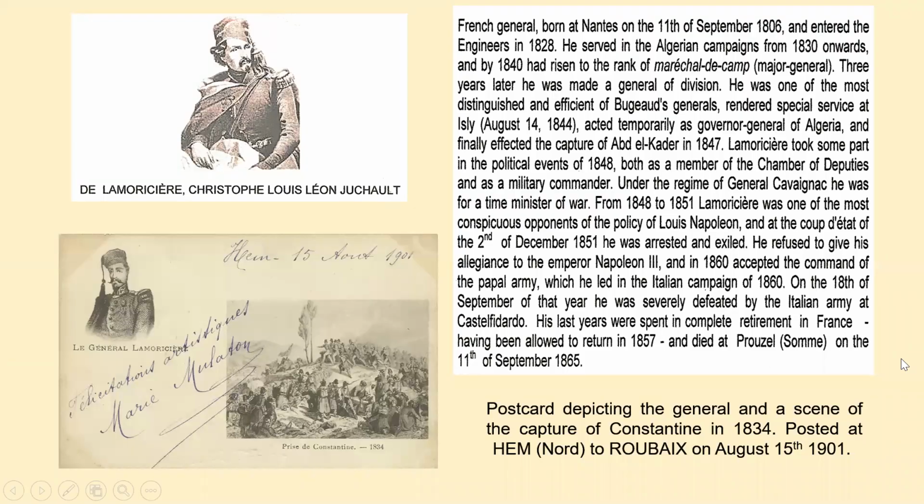Another consequence of this was General de la Moricière, who was responsible really for taking Constantine in 1834, but he objected very strongly to the coup d'etat, and he was shuffled around for quite a while.